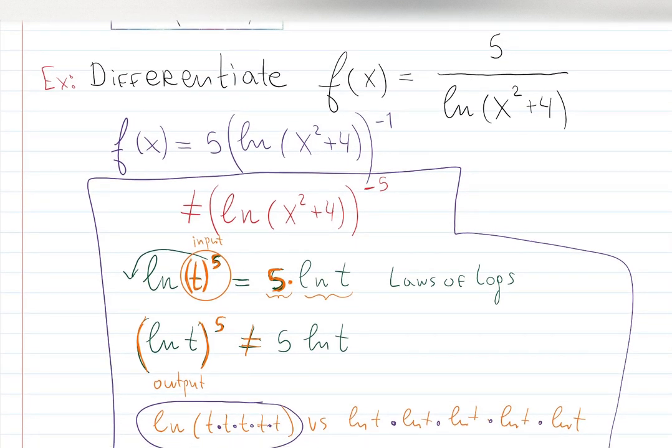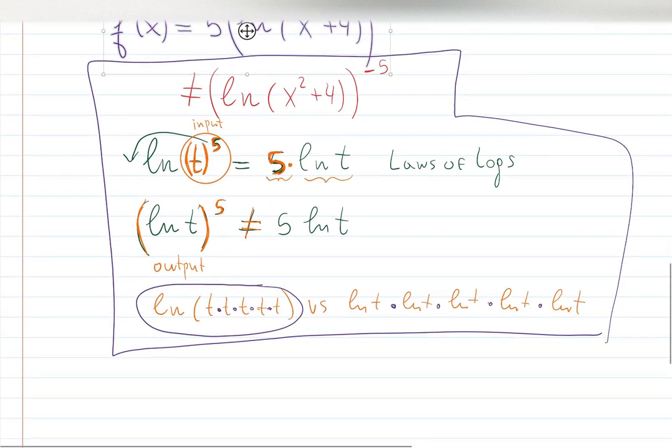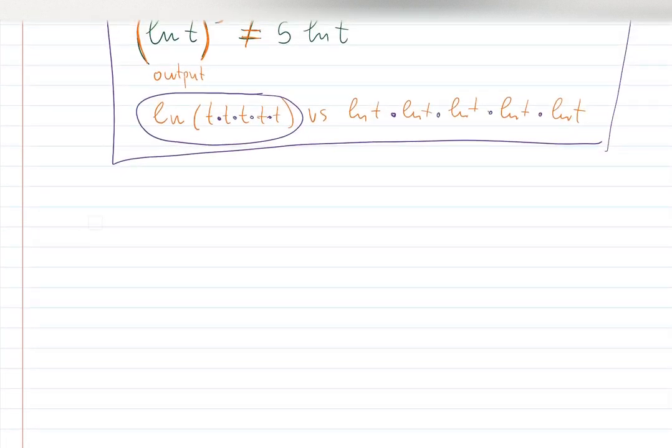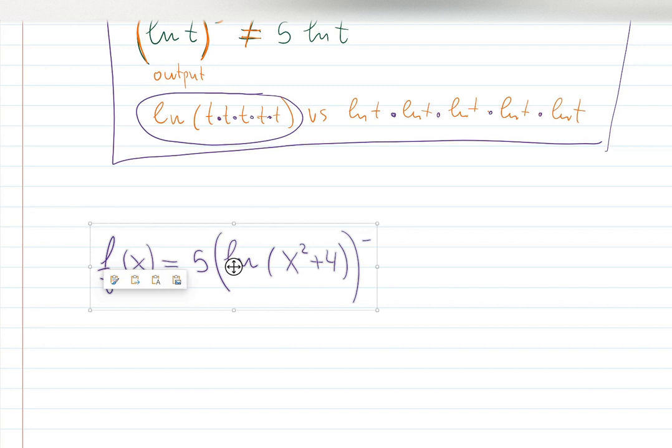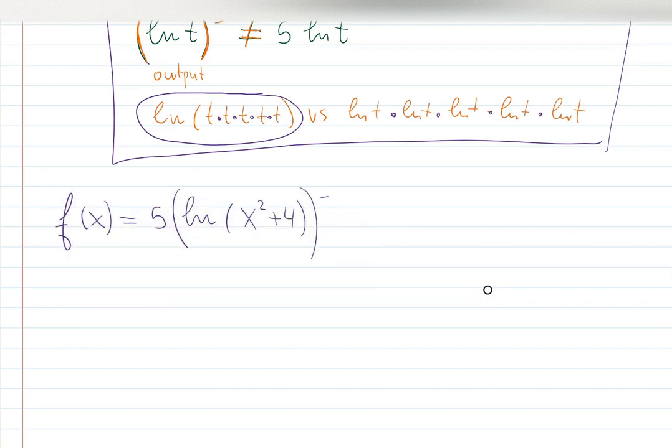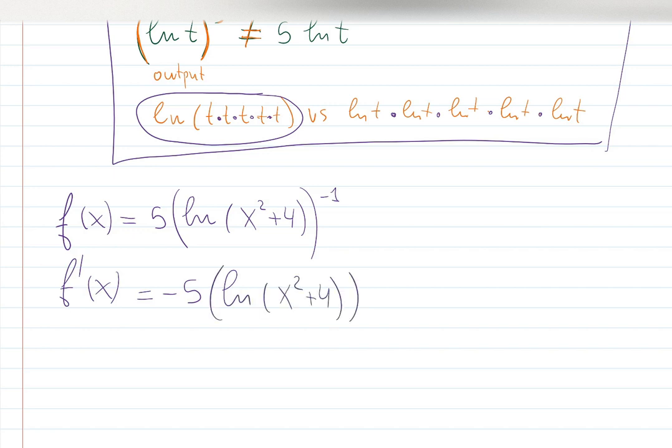That means I will use this original form here where I have 5 times log raised to the negative 1 and I will differentiate this part. Let's do it. Negative 1. F prime of x will be negative 1 goes down, so it becomes negative 5, natural log x squared plus 4, everything raised to the negative 2.